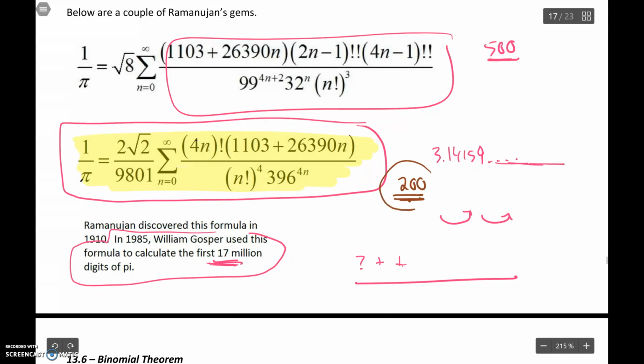So if you can find one that doesn't require as many terms, then a computer can calculate those 200 faster. So you want to find the right series or sequence to add up to get more and more accuracy efficiently with your computing power. His formulas are even today good for that.